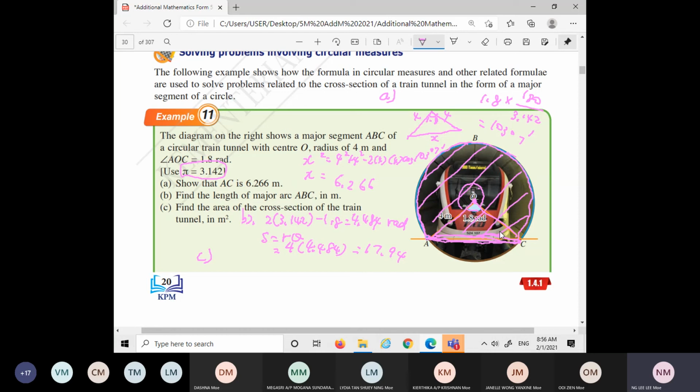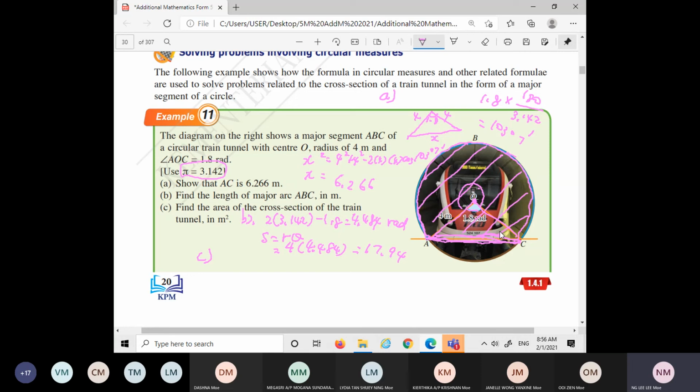For the minor segment just now we used sector minus triangle, but for the major segment, I'm going to use sector plus triangle.